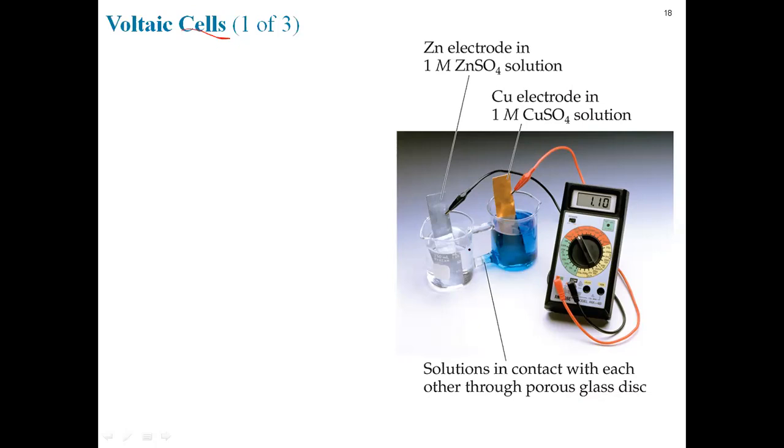What this device does is harvest this natural tendency of electron flow. We make the electrons flow not directly from the zinc metal to the copper metal, but through this wire. Therefore, we can use the electricity to light up a light bulb or do some other useful work.